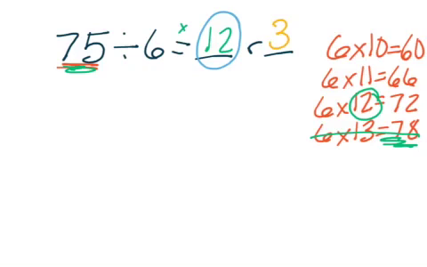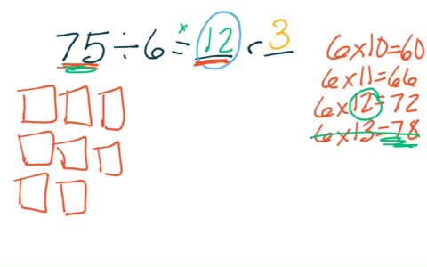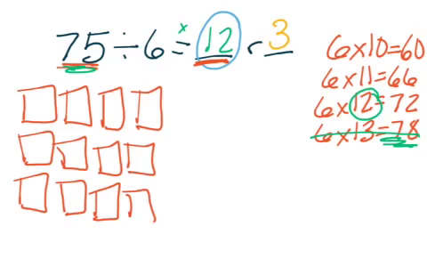All right, what my answer here shows me is that I have 12 full cartons of footballs. So if I draw a little picture, all of these cartons are full with 6 footballs in each.